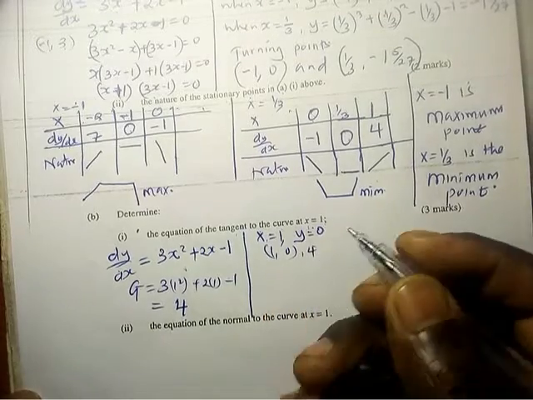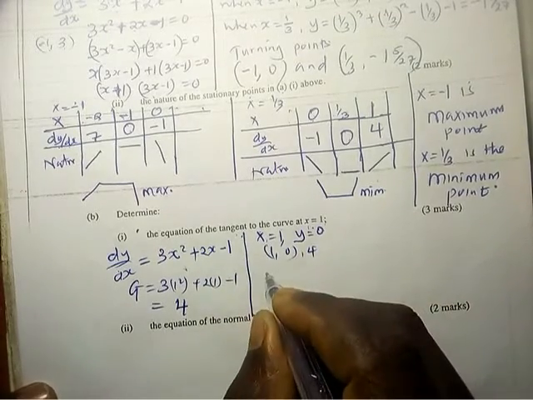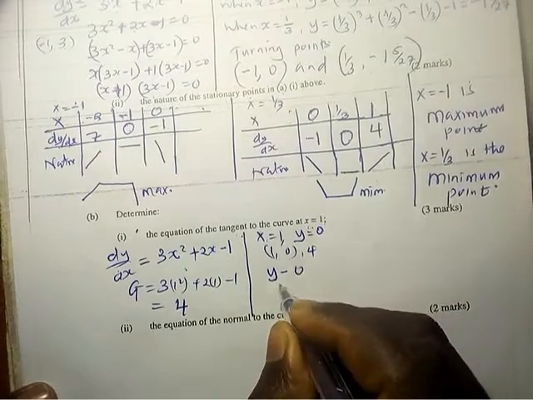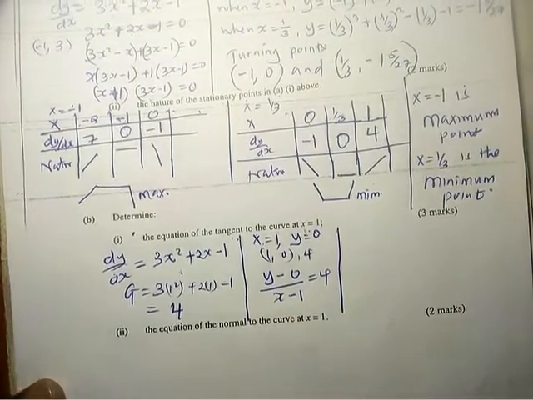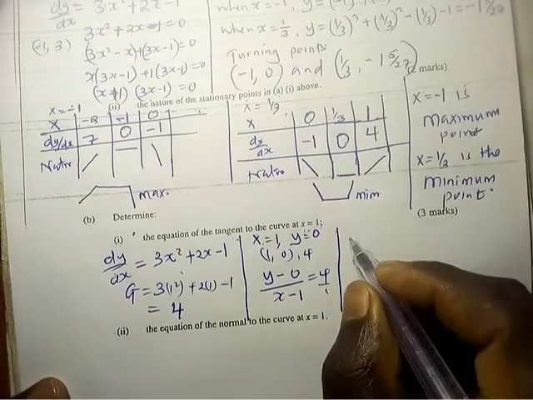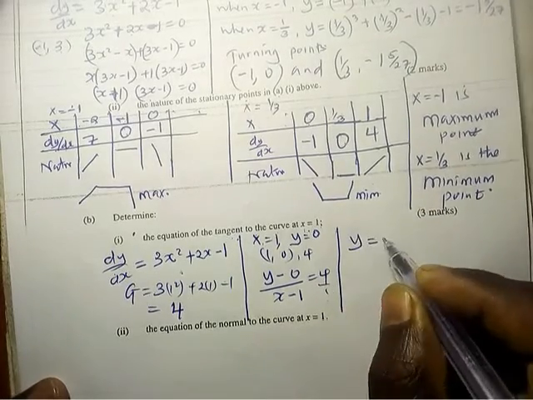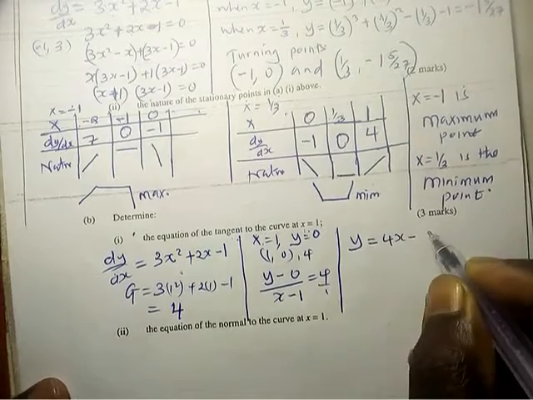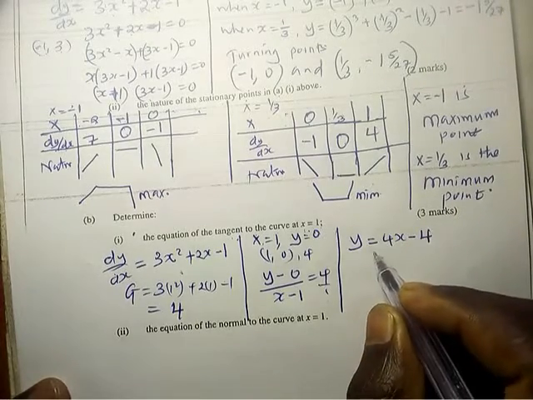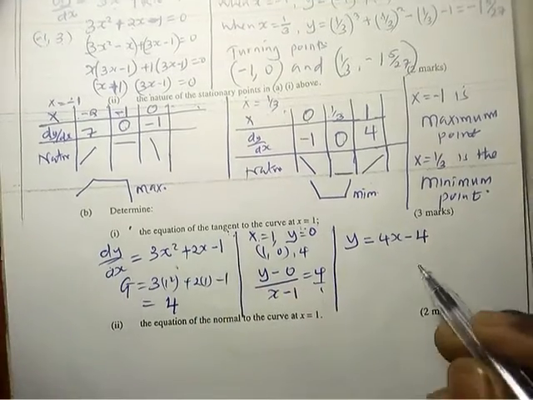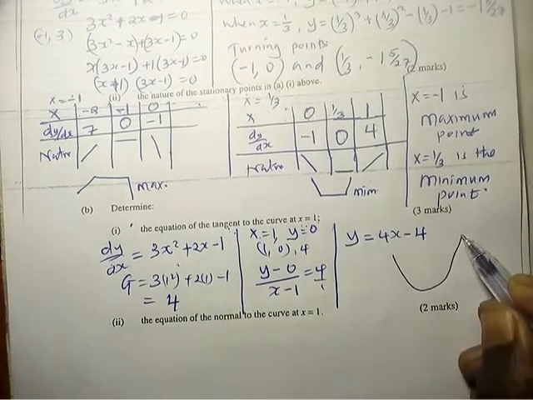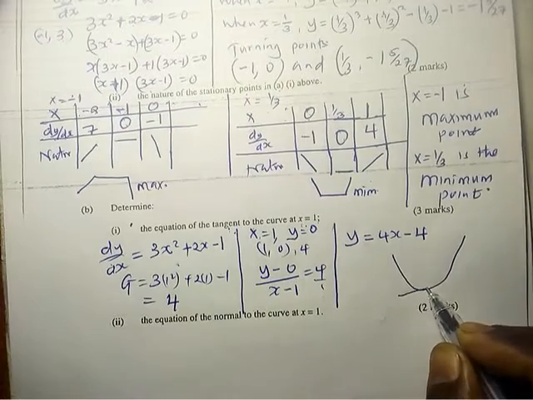Gradient is 4. We want the equation of the tangent. So we will have y minus 0 over x minus 1. The answer is 4. What we are looking for is the equation. So that's y is equal to 4x minus 4. And that is the equation for the tangent. Remember, tangent to the curve, if this is the curve, the tangent is this line.